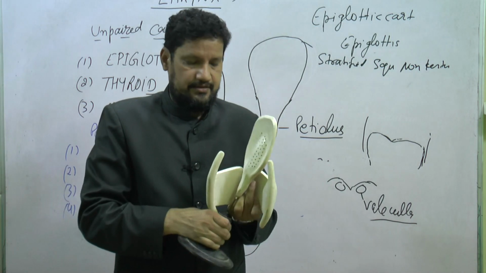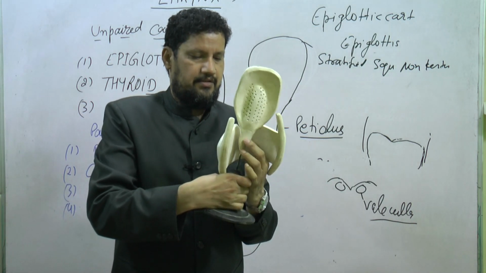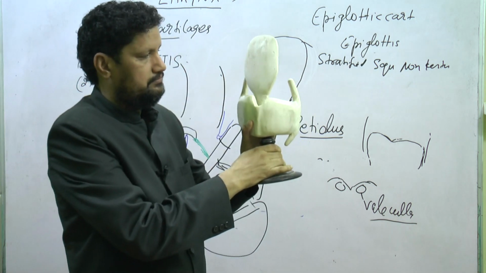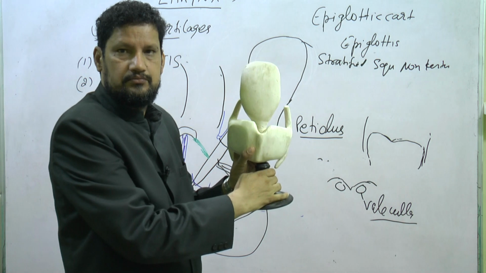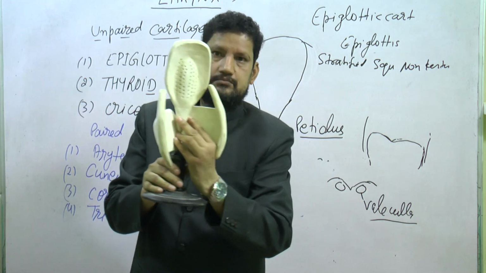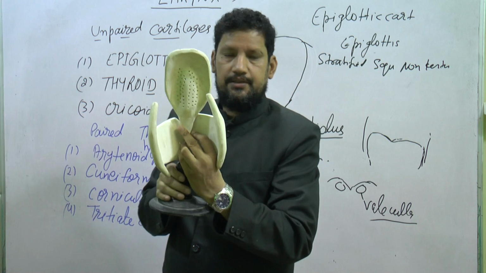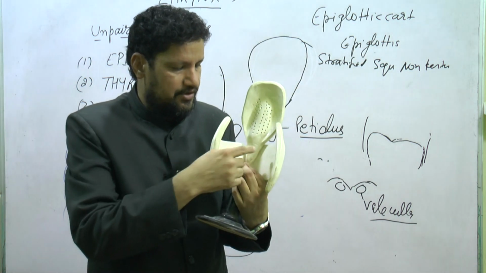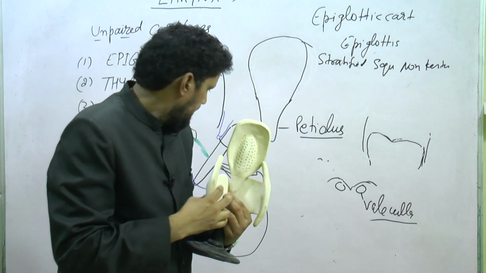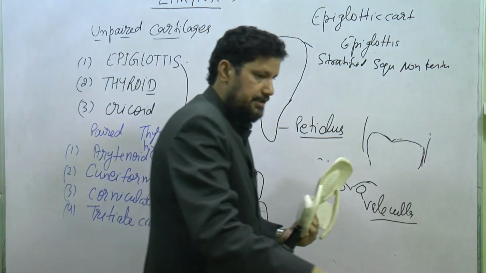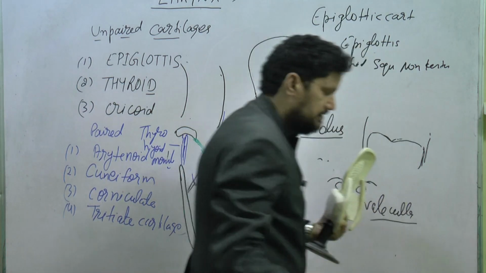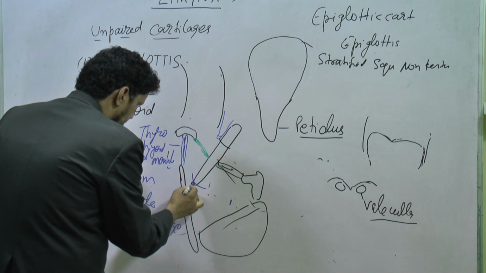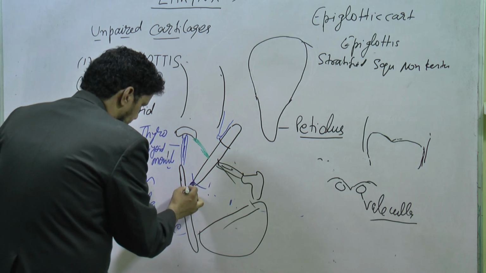It articulates here, forming the attachment with the thyroid cartilage with the help of a ligament, and that ligament is known as thyroepiglottic ligament, single.